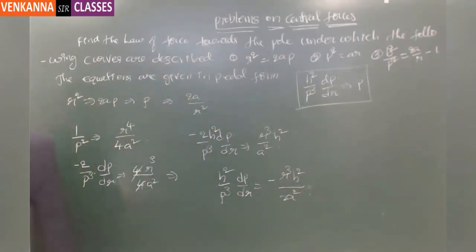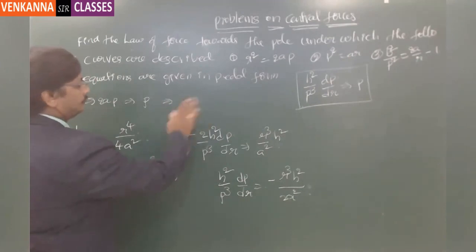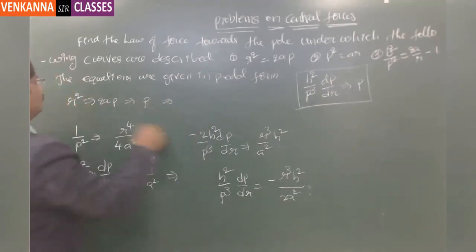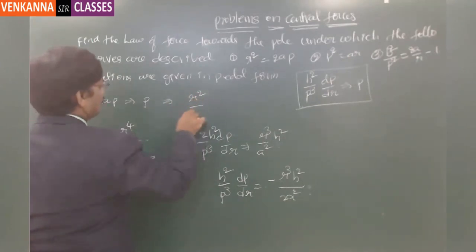Got it? Let me check it. Sorry, this was taken wrong. So p is equal to r square by 2a.